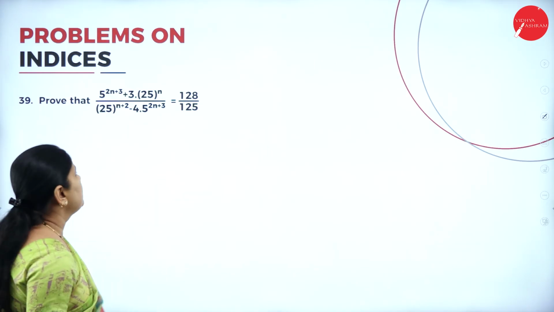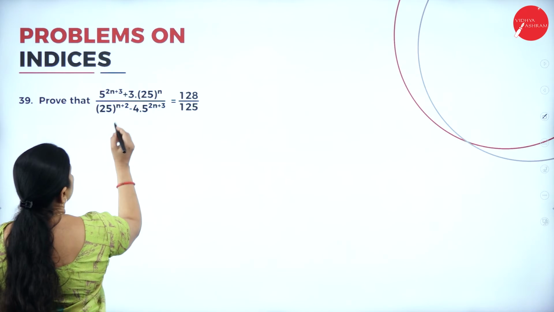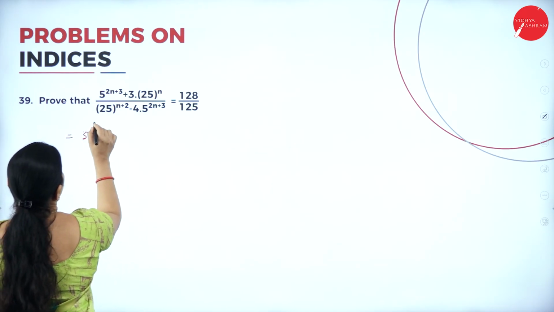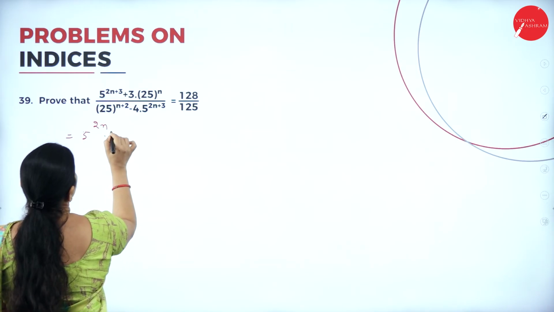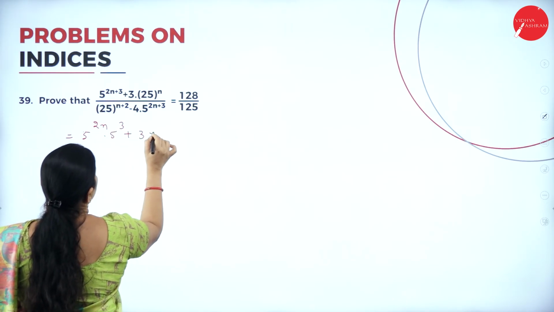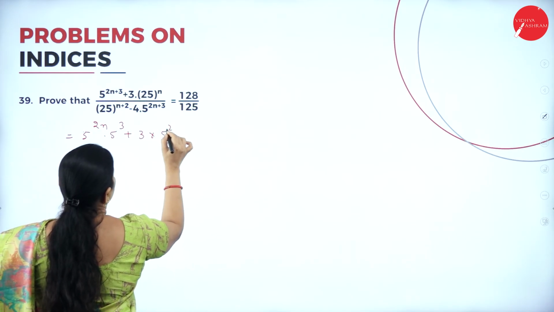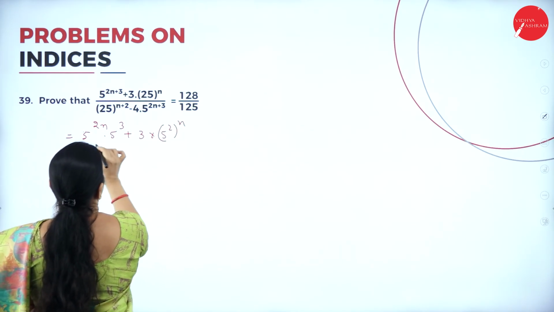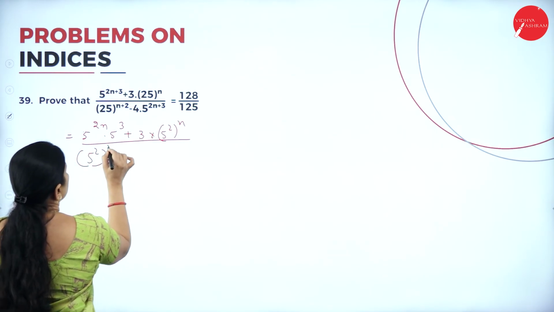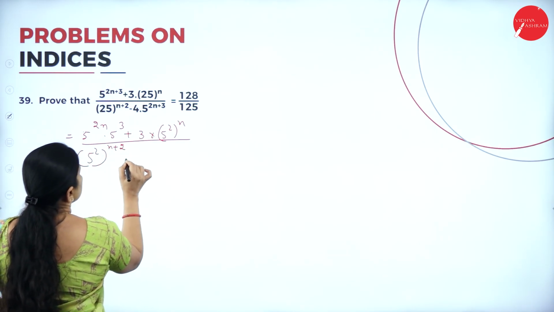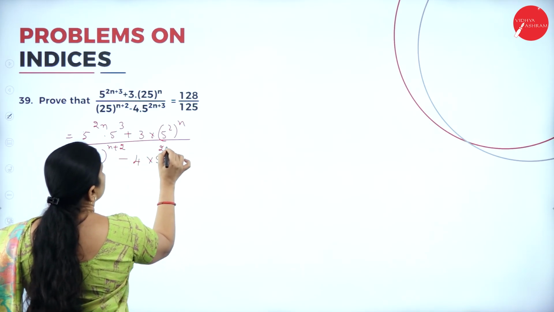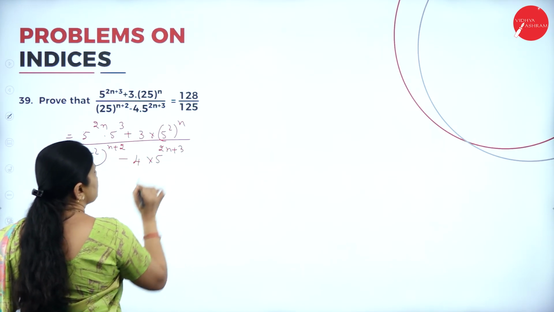So the next problem is 5 to the power of 2n by 3. So this can be written as 5 to the power 2n into 5 to the power 3 plus 3 into 5 square to the power of n, whole over 5 square to the power of n plus 2 minus 4 into 5 to the power of 2n plus 3.